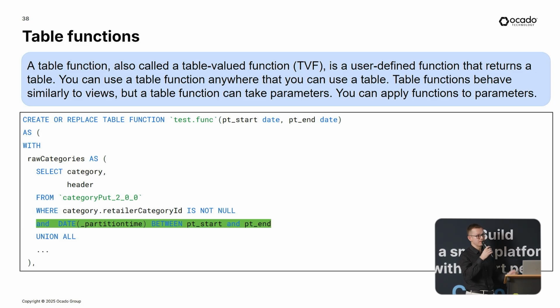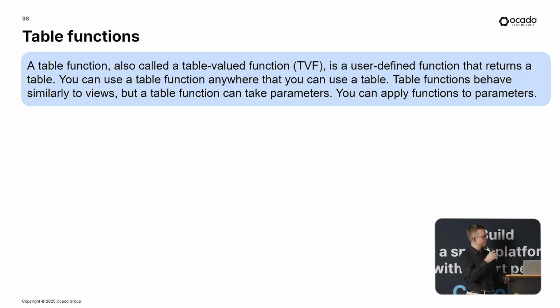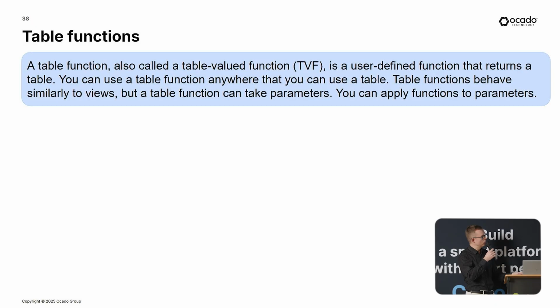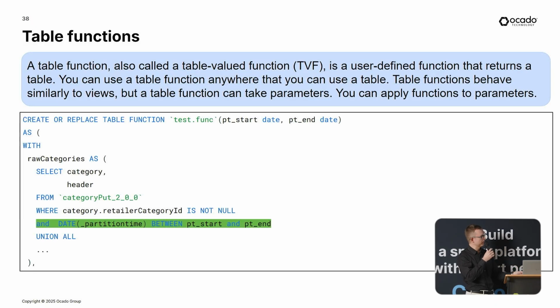that instead of exposing all those partition times, you can expose some parameters, in most cases just 2, start date and end date. And you can use those parameters to restrict the data at an early stage of processing.